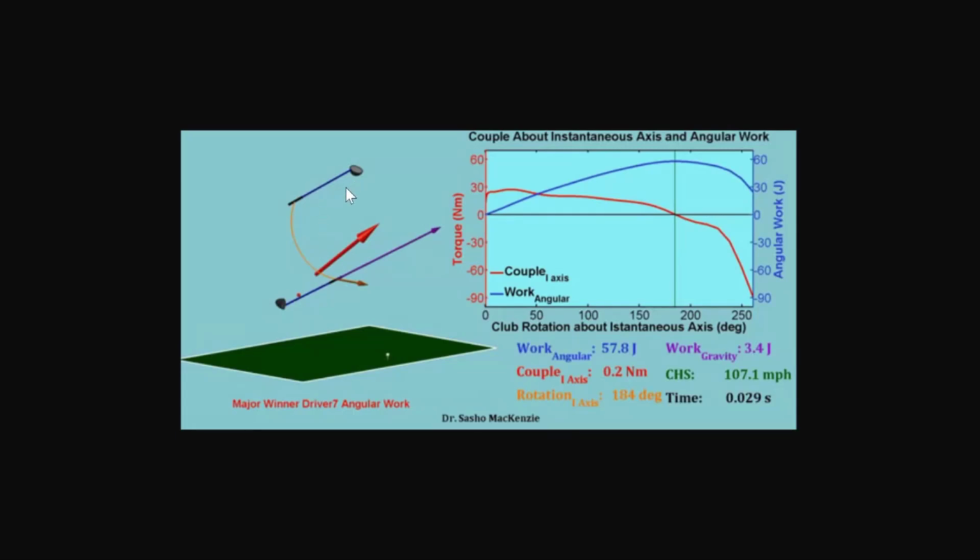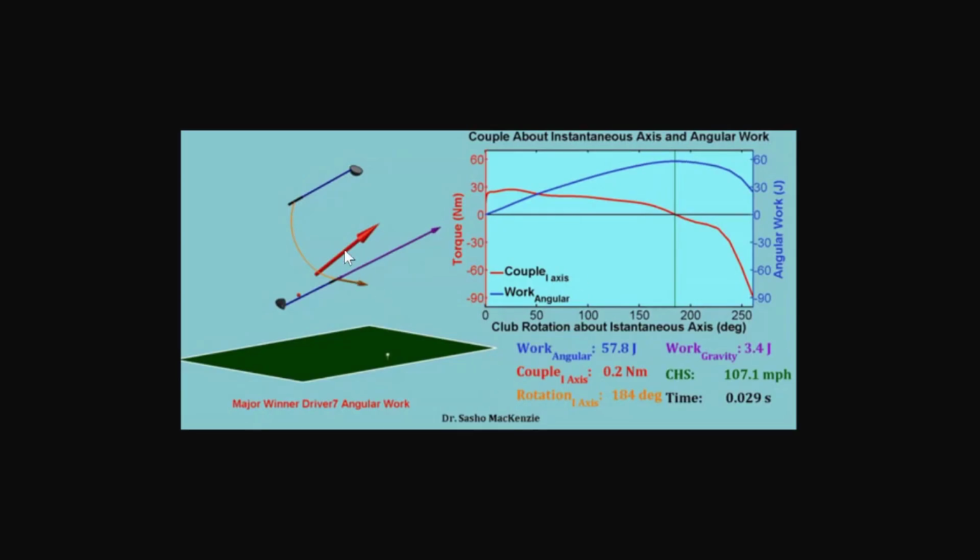It's actually quite complicated to understand, but if you look at the club shaft at this position, and you look at the club shaft at this position, it's rotating, you can see here, 184 degrees around what's called the instantaneous axis.